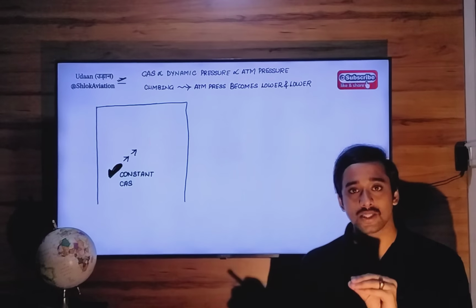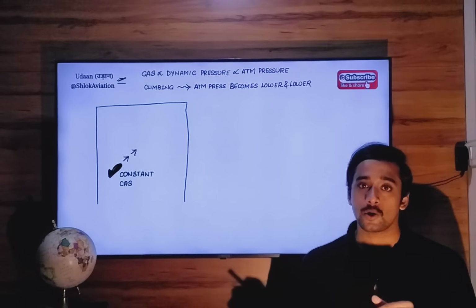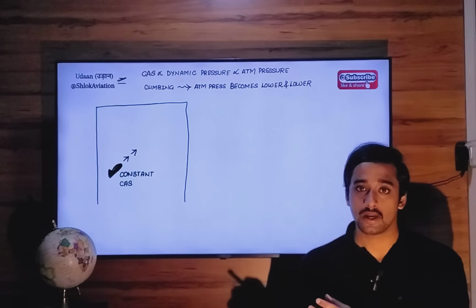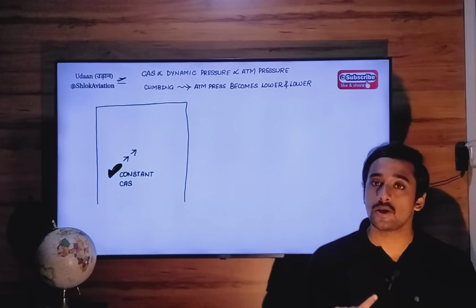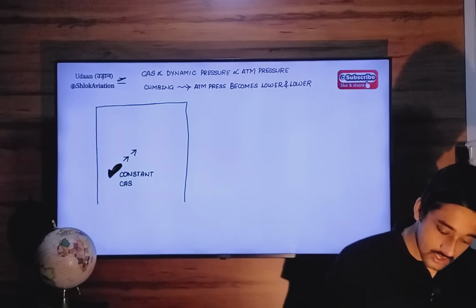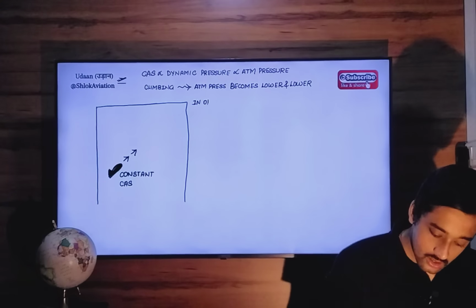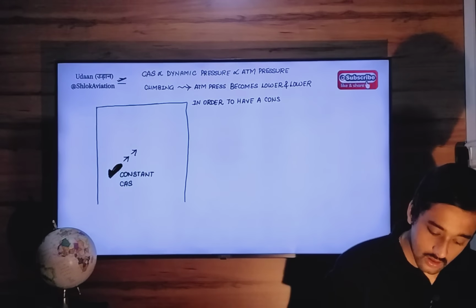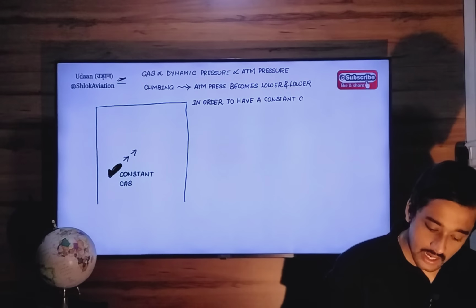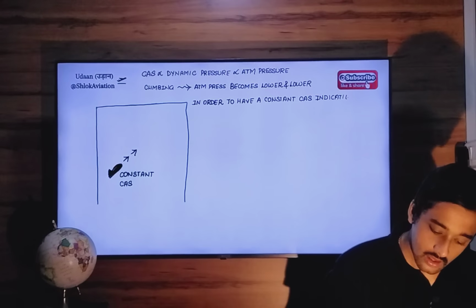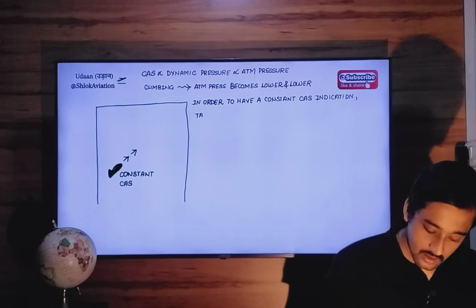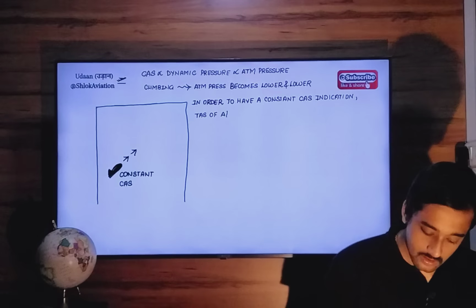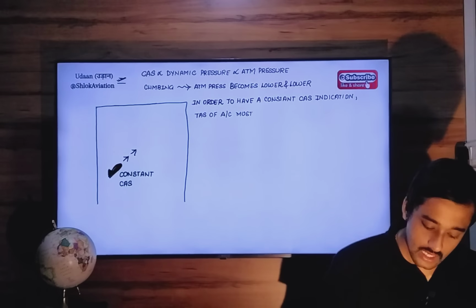So in order to have a constant calibrated airspeed indication, the true airspeed of the aircraft must increase.